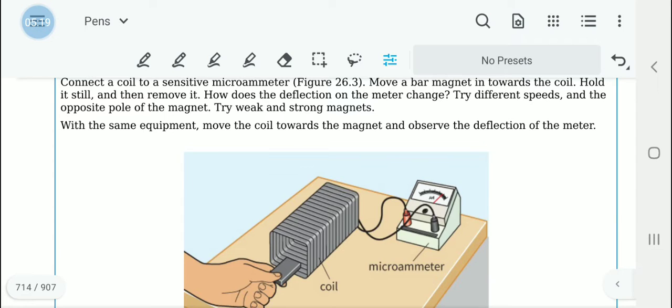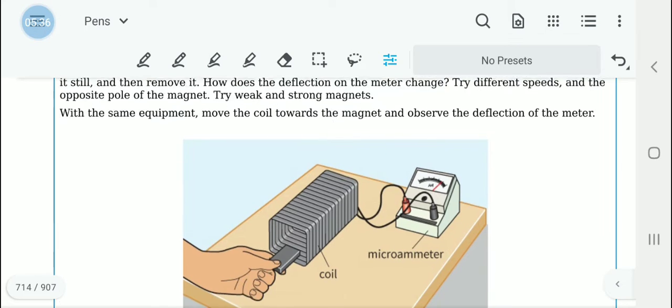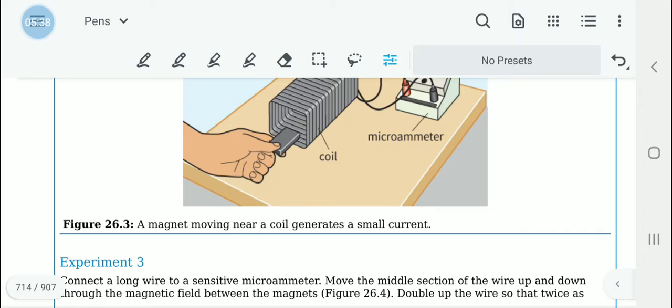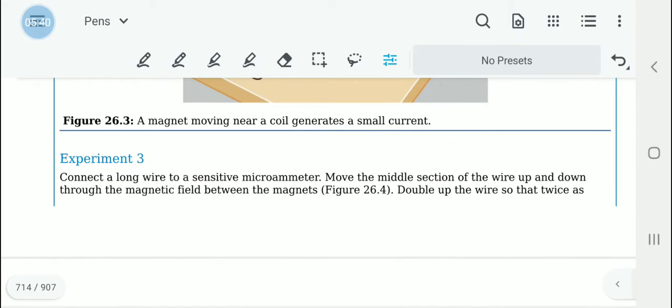When you decrease the speed, what will happen? When you bring it to a stop, what will happen? These are things that you need to understand. When the speed is higher, it would create a higher deflection. If the speed is lower, it would cause a lower deflection, and when it is stopped, there wouldn't be any deflection at all, meaning that there is no induction of current.